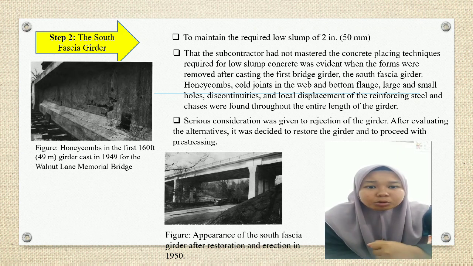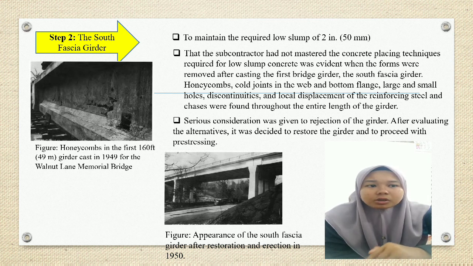Okay, step 2 is the first main girder. To maintain the required low slump of 2 in or 50 mm, the subcontractor had not mastered the concrete placing techniques required for low slump concrete, which was evident when the forms were removed after casting the first main girder.